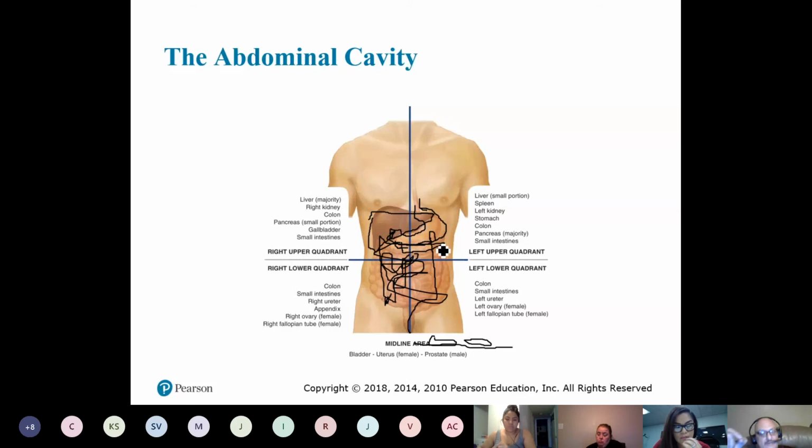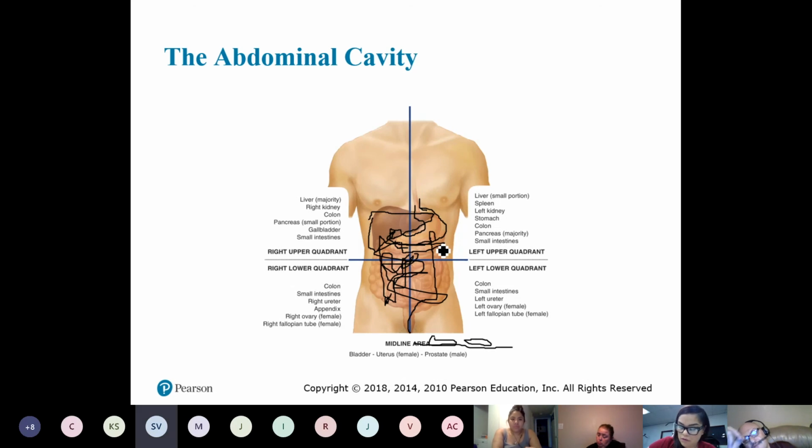With blunt force trauma to either the right or the left upper quadrants, we have to think about an injury to those respective solid organs. So if there's a blunt force trauma to the right upper quadrant, what organ are we going to think about? The liver.